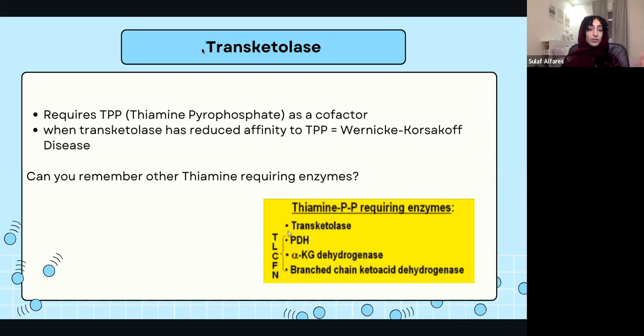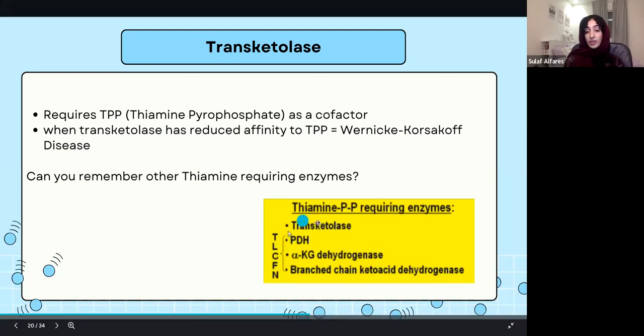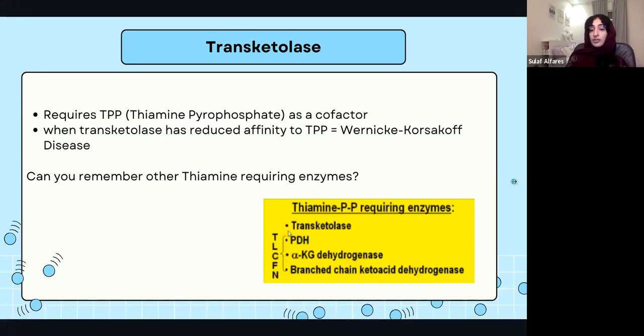I just wanted to refresh your memory and see if you know these from other lectures. Just for your knowledge, they're thiamine, lipoic acid, CoA, FAD, and NAD. All of these 4 enzymes require them, except transketolase, which only requires thiamine. Anyways, this was just a fun refresher about other lectures.